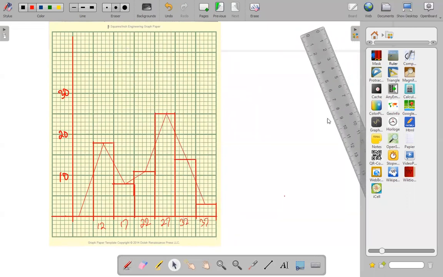Okay, let's see the frequency polygon for that data. So that is how to obtain a frequency polygon.